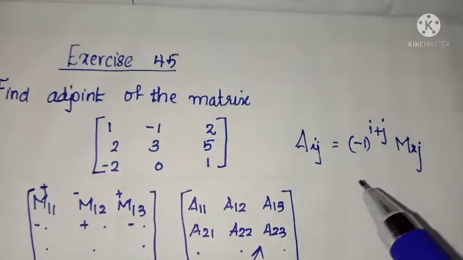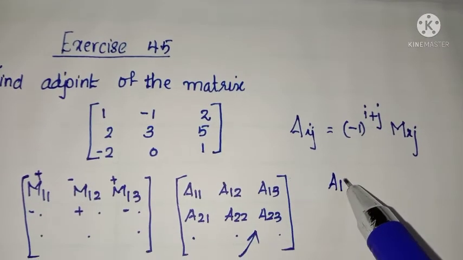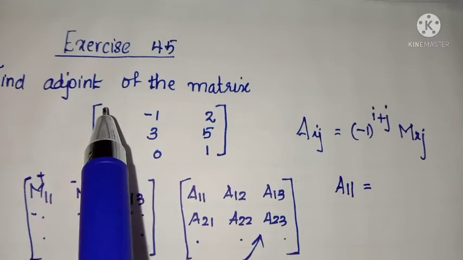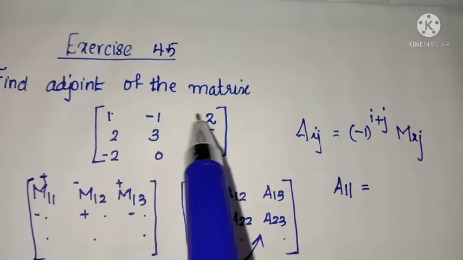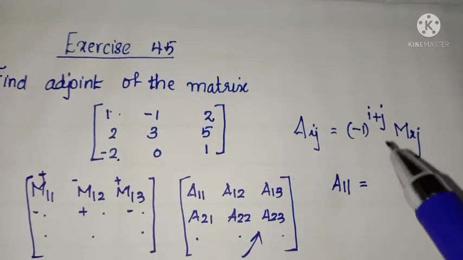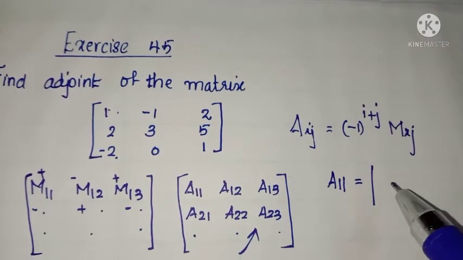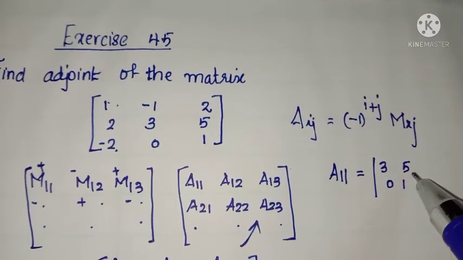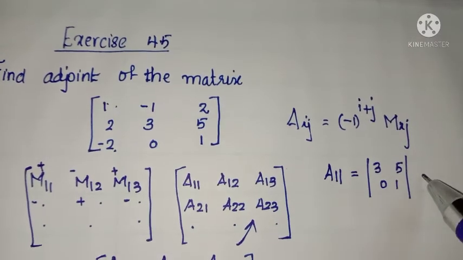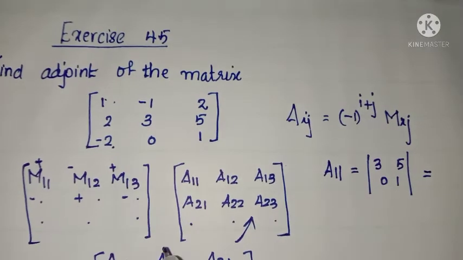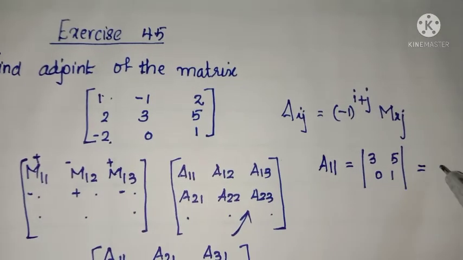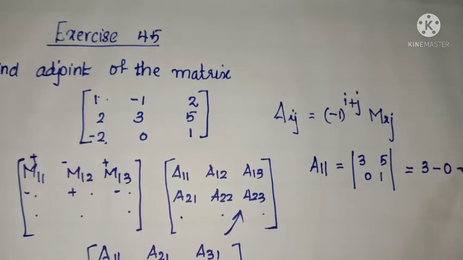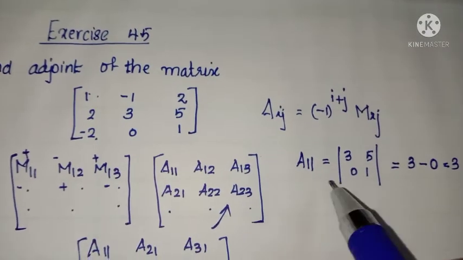The first cofactor element A11 is obtained by deleting the first row and first column elements, writing the remaining 3, 5, 0, 1, and finding its determinant value. So this gives 3 into 1 minus 5 into 0, that is 3.